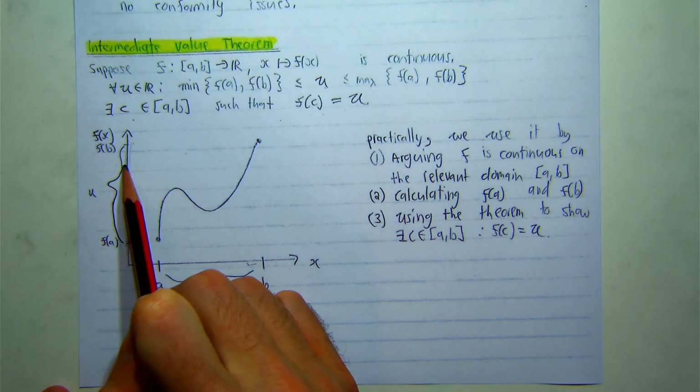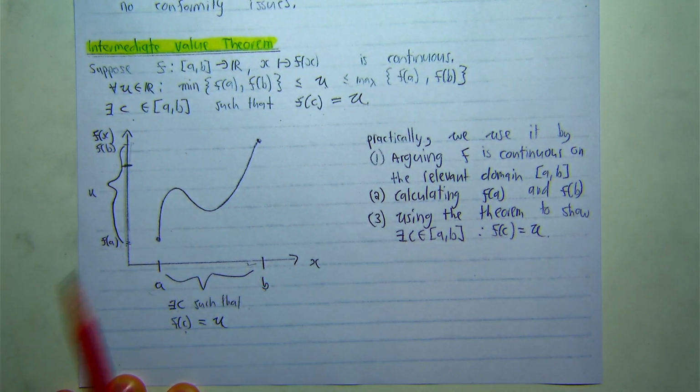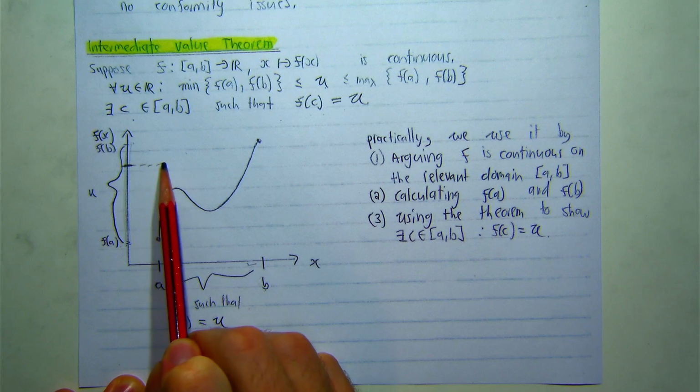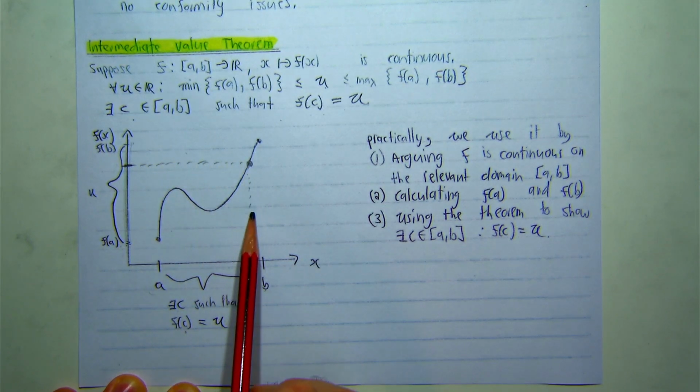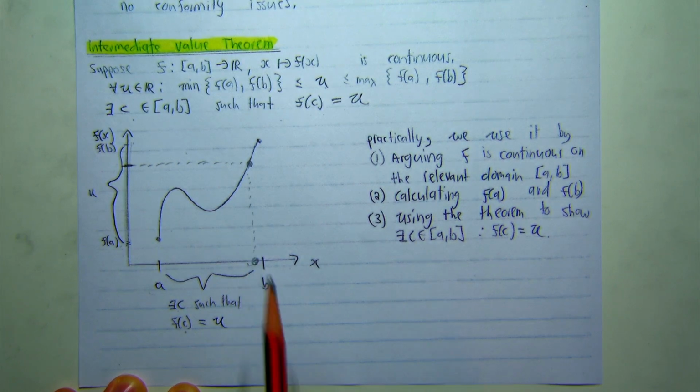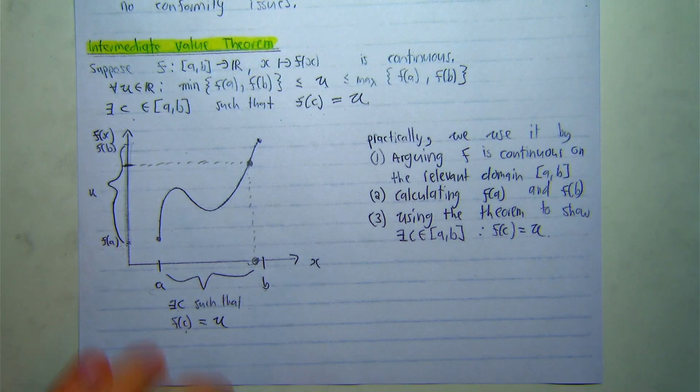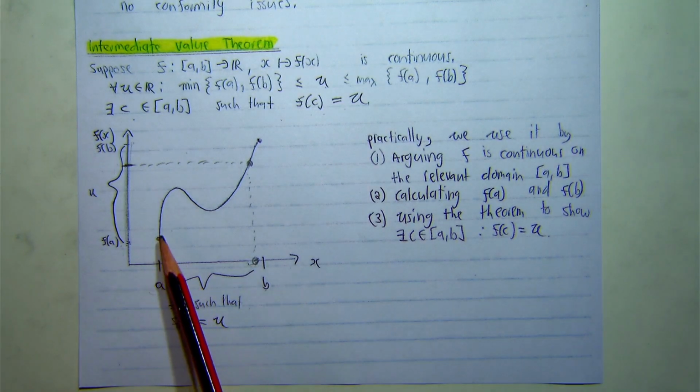So let's just pick this one, for example. Then we can go across to our function, and here we have this is our c, that f(c) is equal to u. And this must be true if the function is continuous.